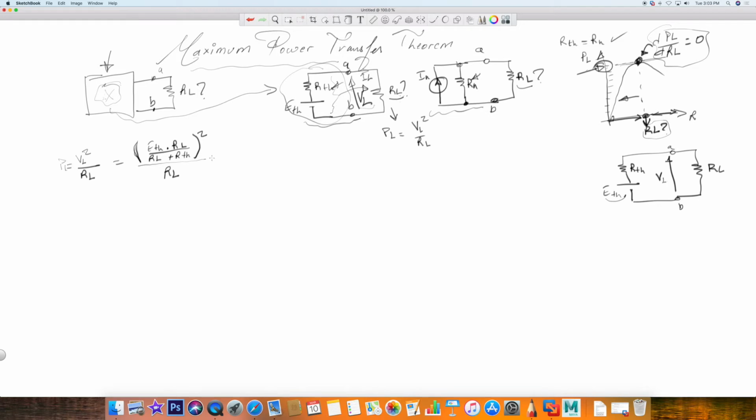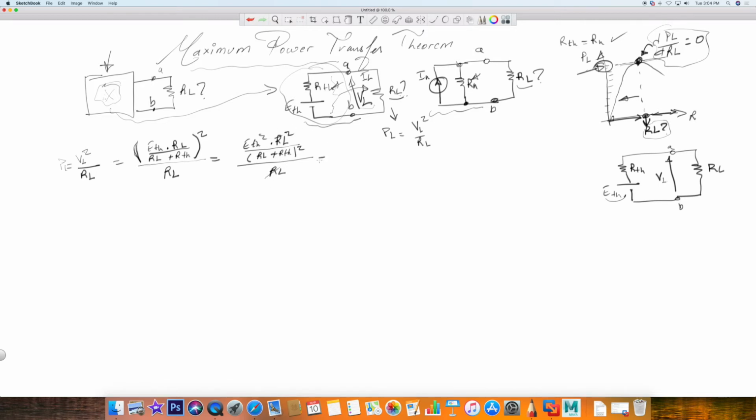Fantastic. So let's open it up some more. That is ETH squared times RL squared divided by RL plus RTH squared, everything divided by RL. We can get rid of this.